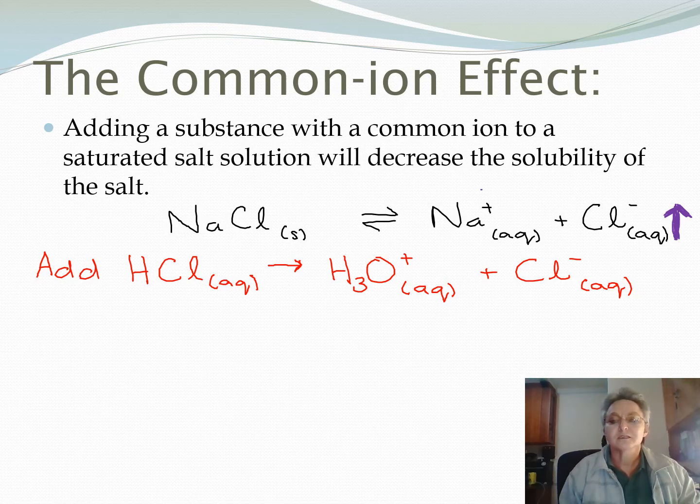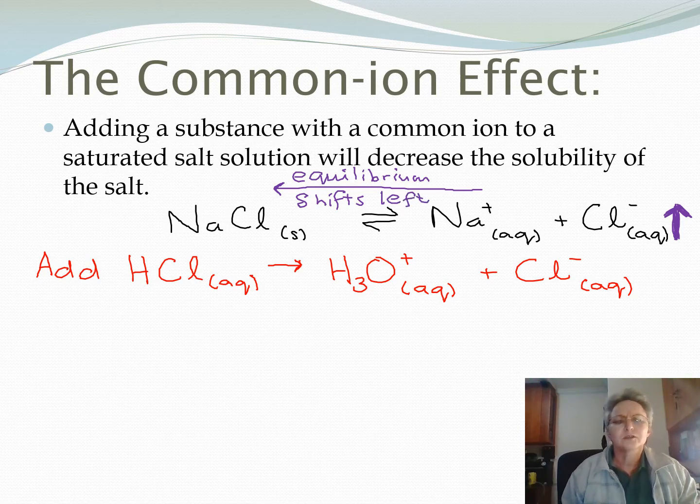So in this case, the increase in the chloride ion, the common ion, will shift the equilibrium to the left. So what will you see in the container with the saturated solution?